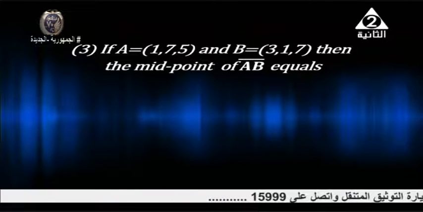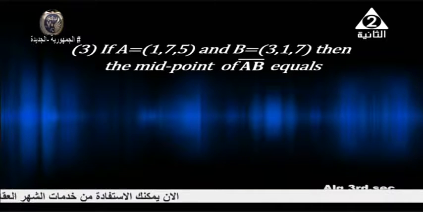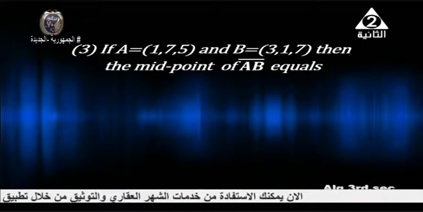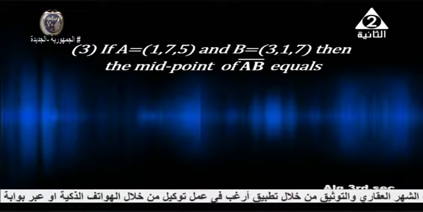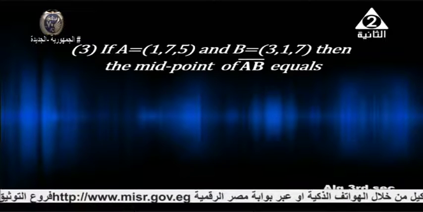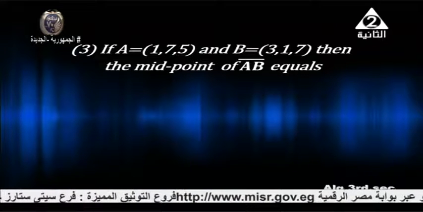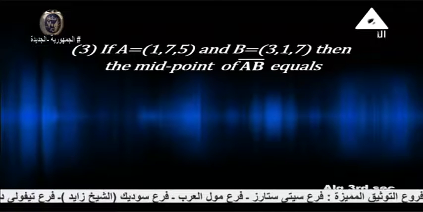Number 3. If we have point A (1, 7, 5) and point B (3, 1, 7), the required midpoint of AB equals what? We have a rule to calculate the midpoint of AB. What is the rule? Square root?